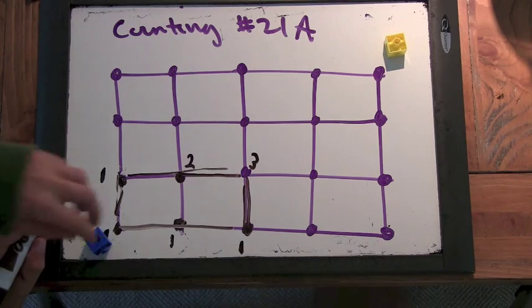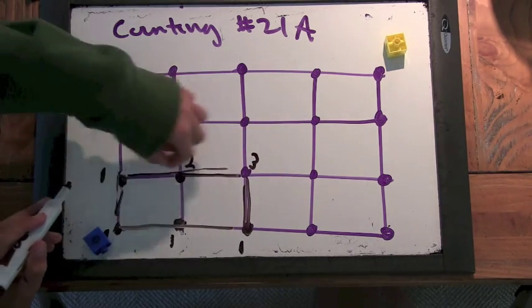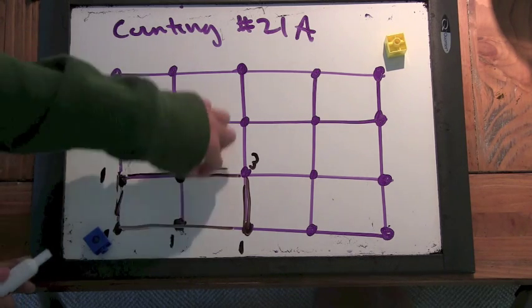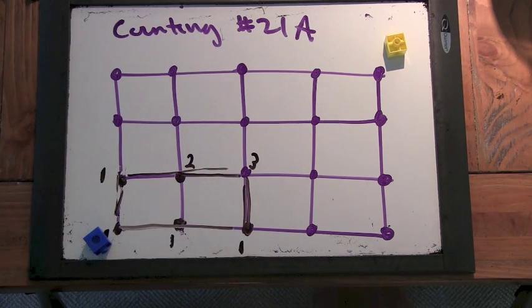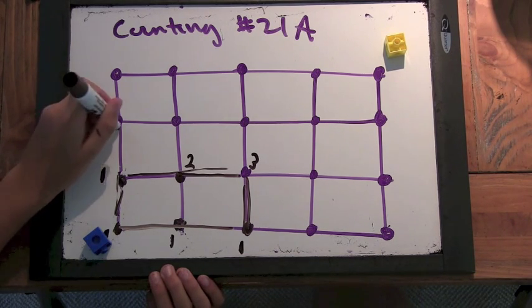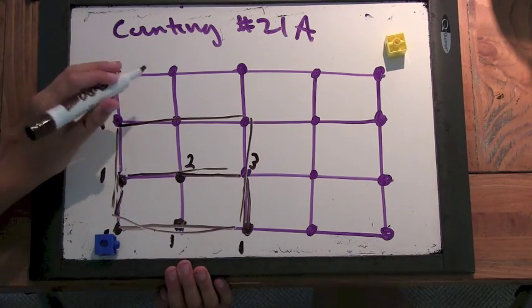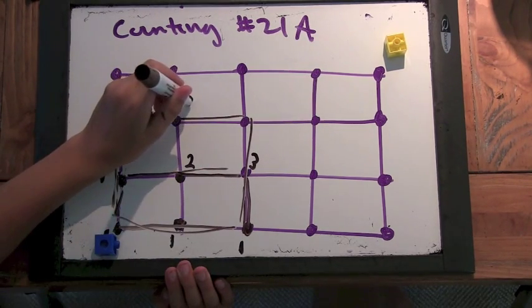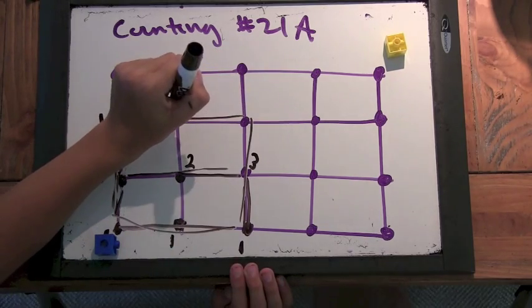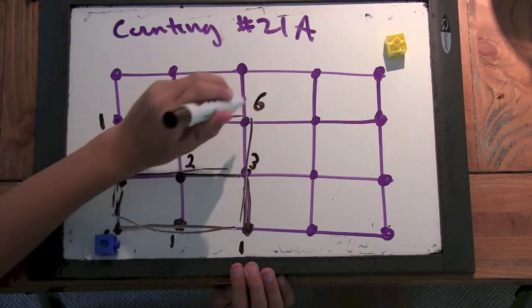You can also show the ways because it's simple enough to count there. Now you can expand to a 2 by 2. So this one's 1, then there's 3. We got 3 from this one, 3 from this one, so 6 here.